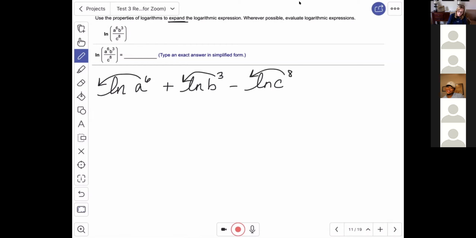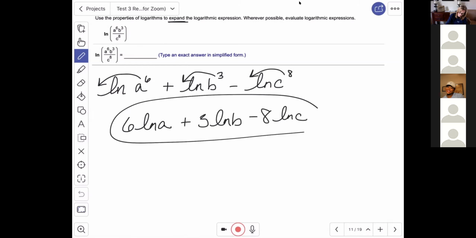So the answer would be 6 natural log of a. And that is all they're wanting you to do, just to show that you can expand it. So that's 2 that are expanded.